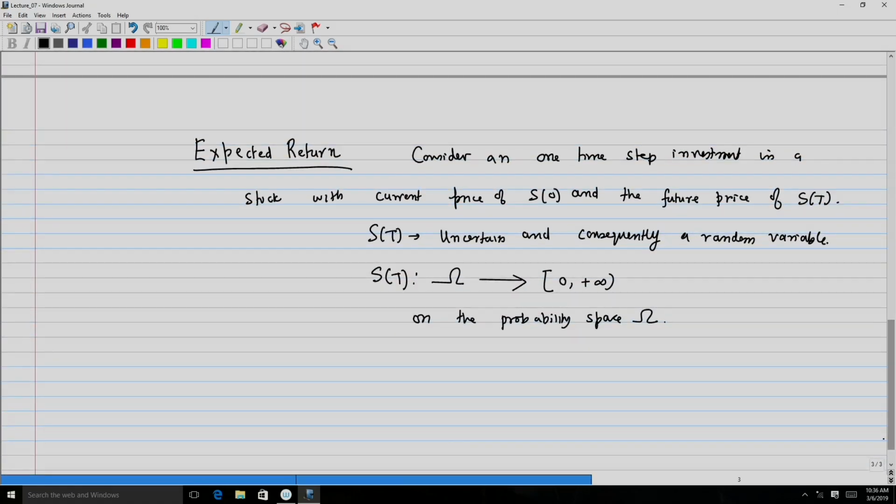So, therefore, the return S t minus S 0 over S 0 is also a random variable.